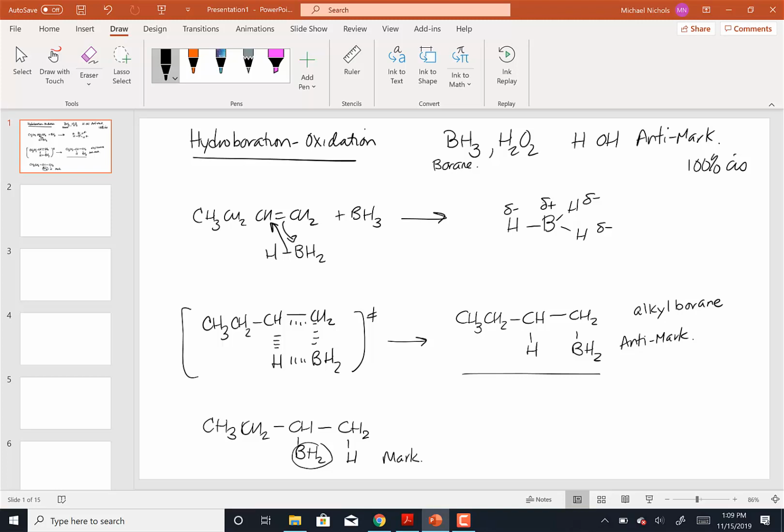It's going to be less sterically hindered to add the BH2 to the carbon in the double bond with the most hydrogens. So the Markovnikov, anti-Markovnikov is because of steric hindrance. And the 100% cis is due to the square transition state of adding the boron and the hydrogen all at once.